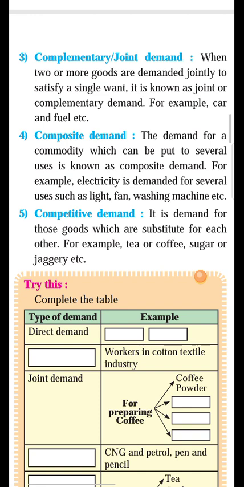Without ink the pen is not writing. Without a duster we cannot rub the chalk. Without petrol the car will not run. So when two or more commodities are jointly demanded by the consumer, it is called joint demand or complementary demand.